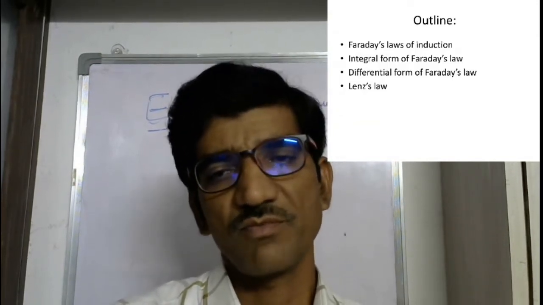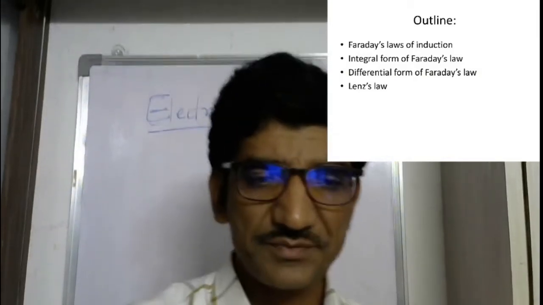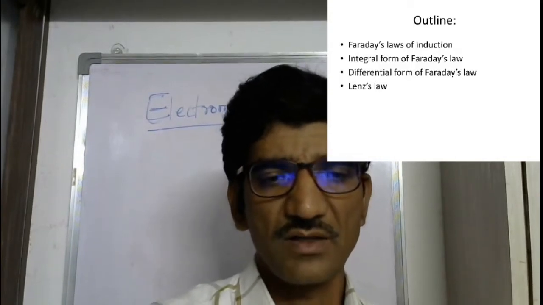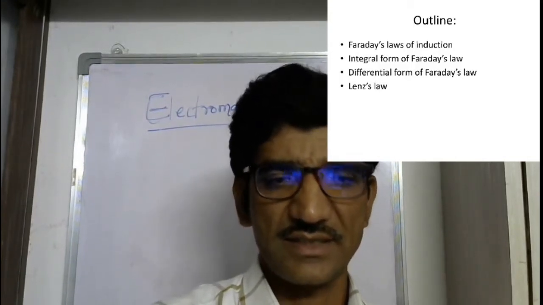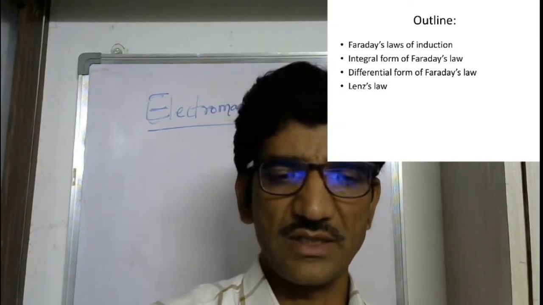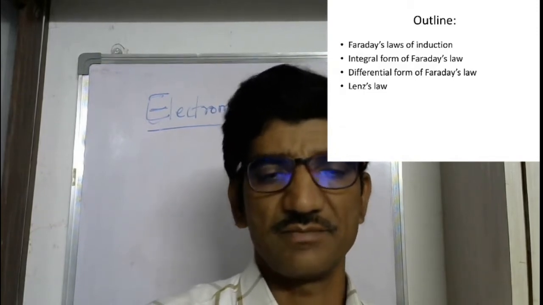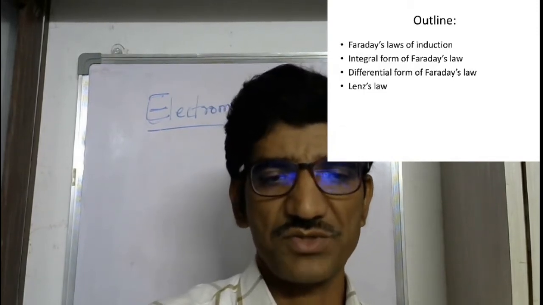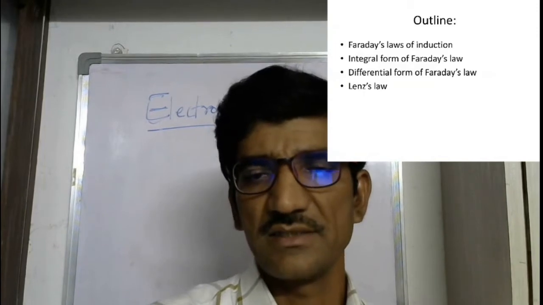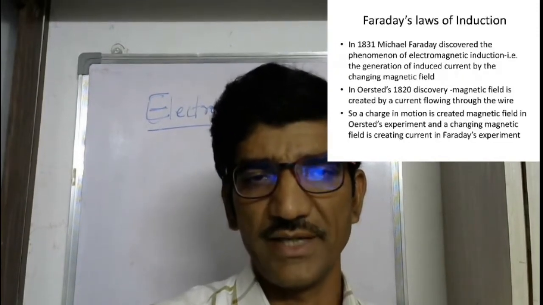Now we know that a current carrying conductor, or current inside that conductor, is able to produce the magnetic field. Here, the current or the charge in motion is creating the magnetic field. This we know already.